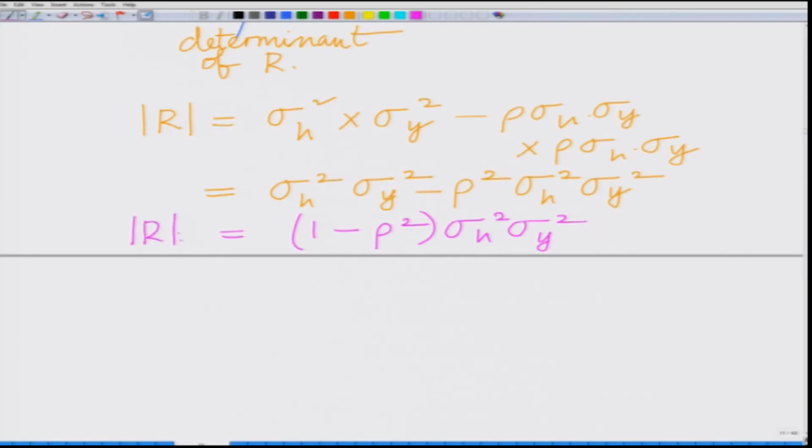This is the determinant of the covariance matrix.